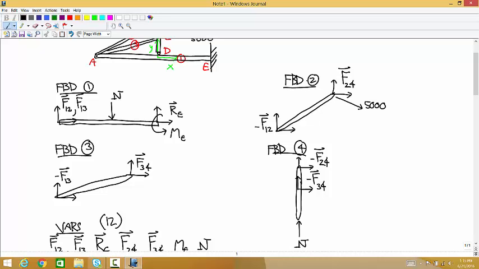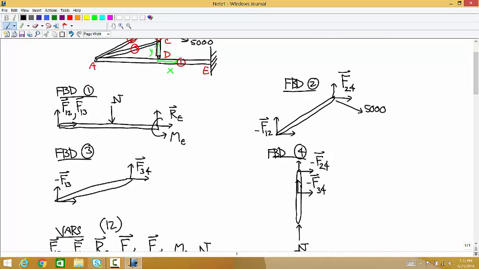It doesn't look like it immediately for body 2 because up at that joint, whatever I called it, B, you have a force vector F24 and a 5,000 Newton force, but those are acting at the same point, so that's really just one force vector. So you have one force vector here and one here. And what you know is two force bodies, if they're in equilibrium, those forces have to be equal and opposite, and they have to be parallel to the line between the two forces, where the two forces are applied.